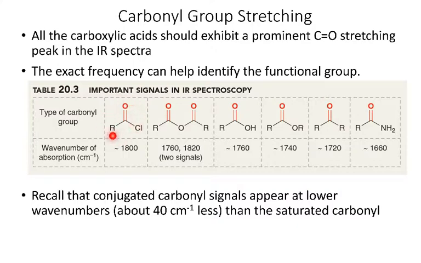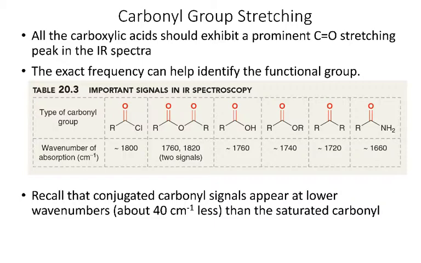The acid halides were the most reactive, and their peak has the largest frequency. The amides are the least reactive, and coincidentally, they have the lowest frequency carbonyl signal. So this can sometimes be used to identify the type of compound based on exactly where this stretch appears.